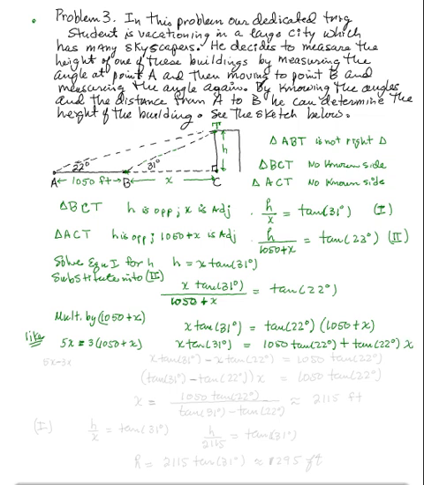So now I have distributed on the right-hand side, and I need to collect the x terms together on the same side of the equation, so I need to subtract the tangent 22 degrees times x from both sides, and that will give me x tangent 31 degrees minus x tangent of 22 degrees equals 1050 tangent of 22 degrees.